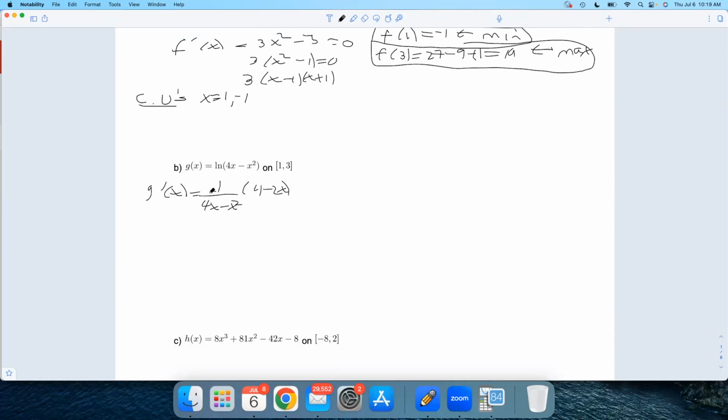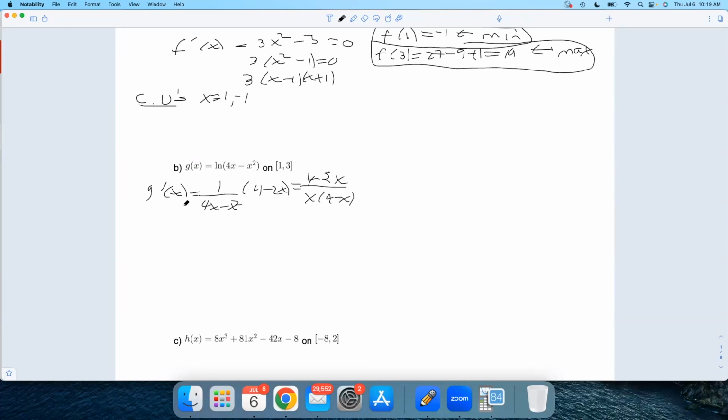A couple places it does not exist because we have domain issues in the bottom here. I'm going to write this as 4 minus 2x over x times 4 minus x.